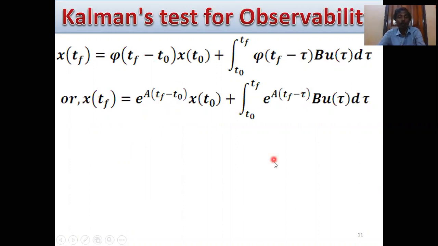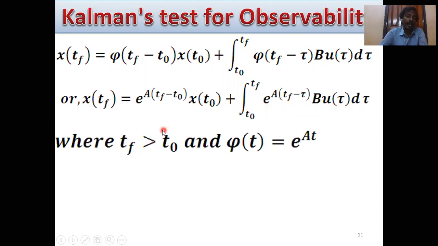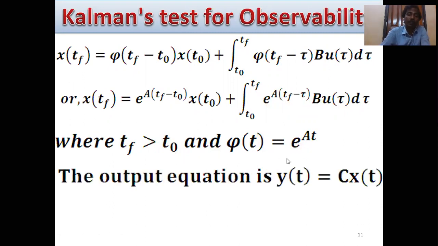This is equivalent to this equation because this is the state transition matrix. So x(tf) equals e to the power a(tf minus t0) x(t0) plus integral t0 to tf of e to the power a(tf minus tau) b into u(tau) d tau, where final time tf is greater than initial time t0, and phi(t) equals e to the power at, the state transition matrix.